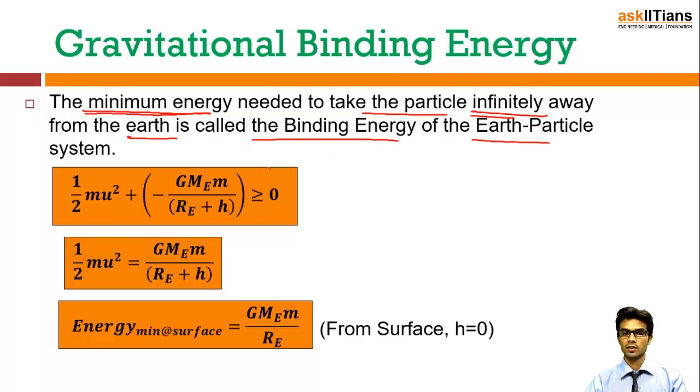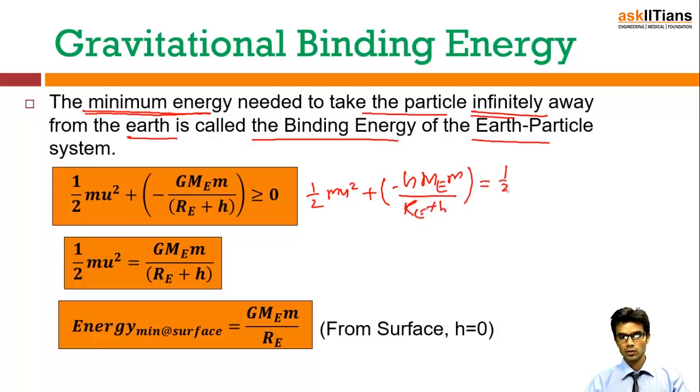In the previous part, in escape velocity, the final equation was half mu square plus minus GMem by (Re plus h) is equal to half mv square, greater than or equal to 0.